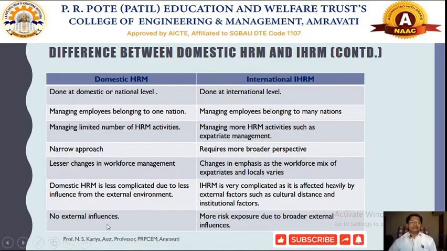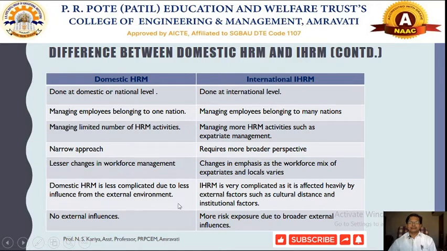In domestic HRM there is no external influence, no control from headquarters, and no subsidiaries, so there is not too much pressure.